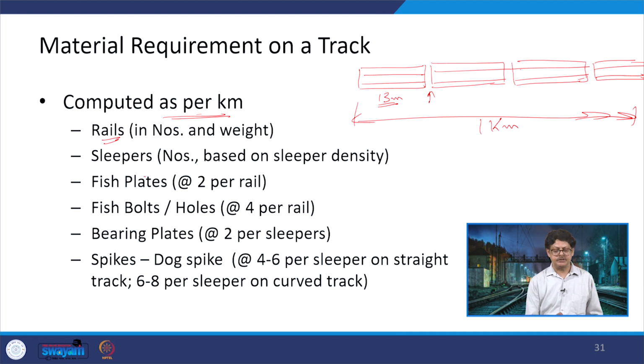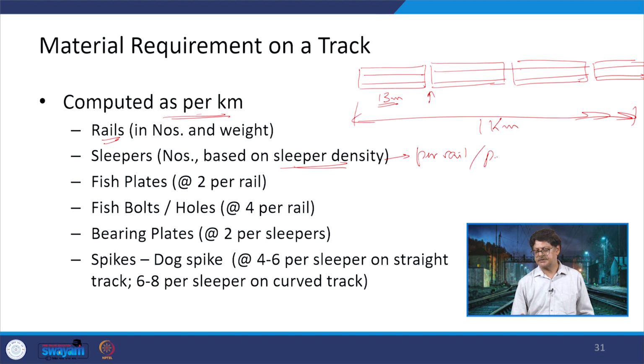The sleepers are decided by the sleeper density, which can be defined per rail or per kilometer length. We have looked at 1660, 1540 or 1310 sleepers per kilometer, so based on that we will know how many sleepers need to be provided.